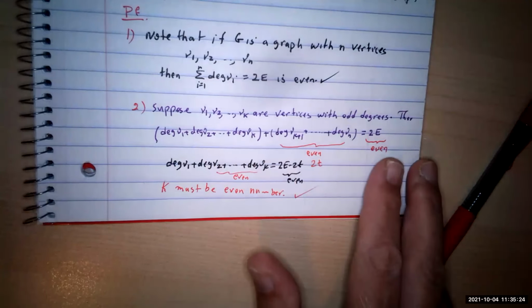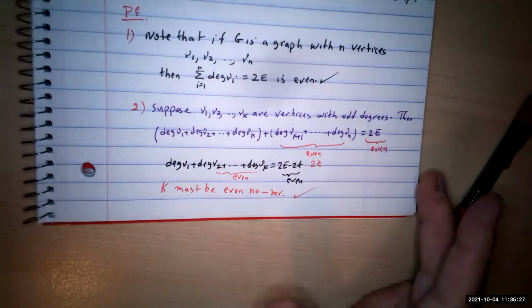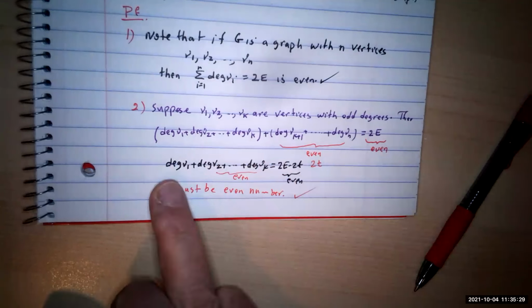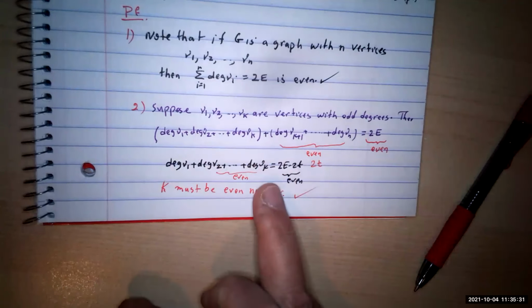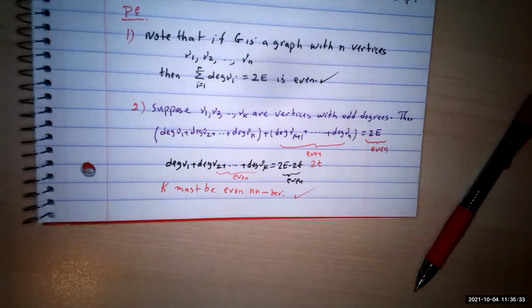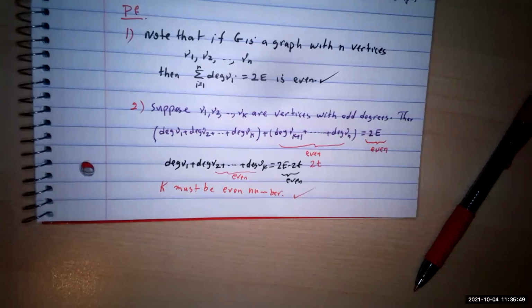If you have a couple of odd numbers and want to add them together to get an even number, the number of odd terms must be even. 5 and 5 would be 10, but 5 plus 5 plus 5 is 15, which is odd. So that gives you this theorem.